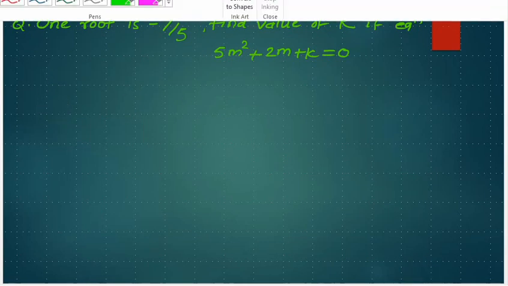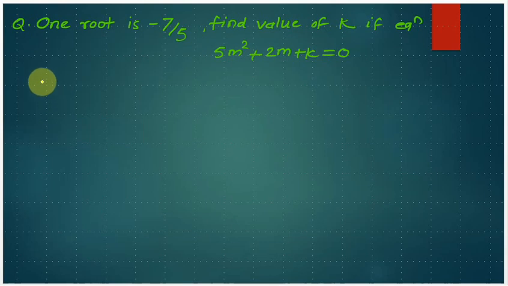We know that the standard form of the quadratic equation is ax square plus bx plus c is equal to 0. The number of solutions is equal to the higher power of the variable. So this equation gives two values of x because the higher power of x is 2.